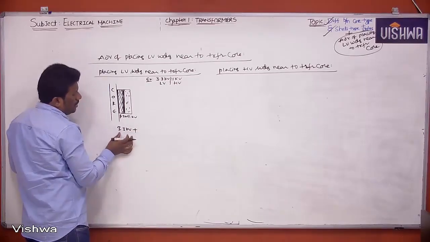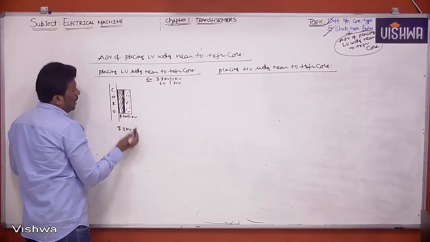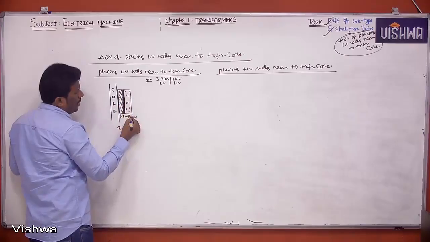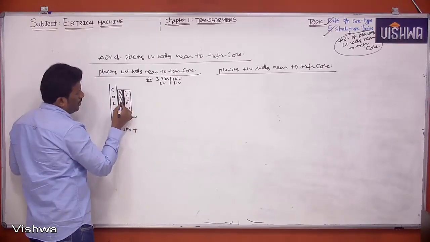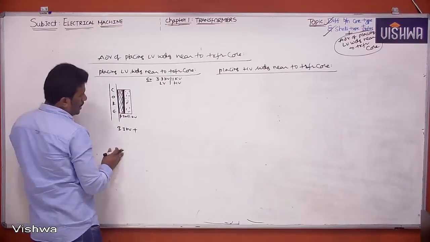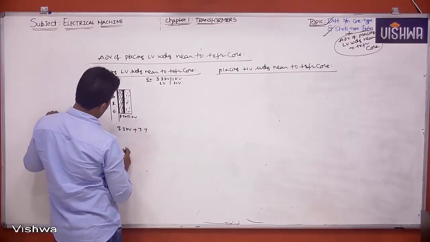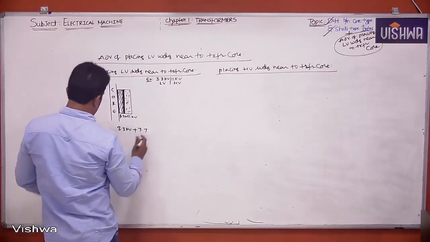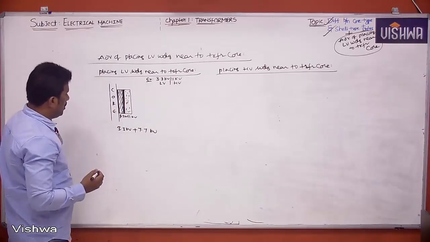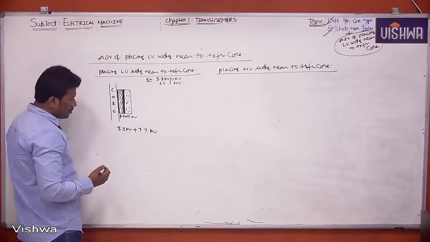I require some insulation corresponding to 3.3 kV in this region. And in this region, how much insulation is required? The high voltage winding is 11 kV and the low voltage winding is 3.3 kV, so 11 minus 3.3, I can say, is 7.7 kV approximately. Right, 7.7 kV. Now tell me the total.